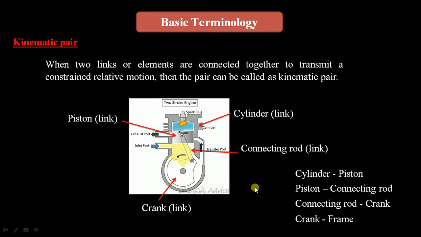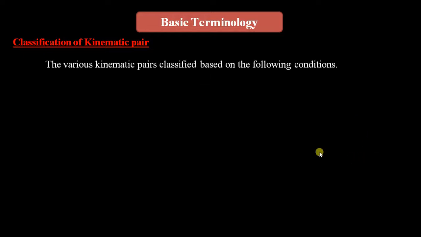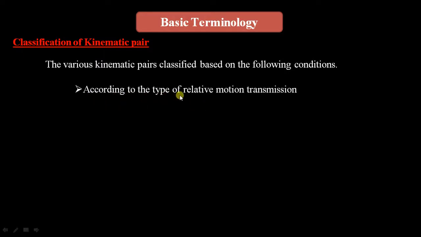Next we try to have a look at the classification of kinematic pairs. So how can we classify different types of kinematic pairs? There are various types of kinematic pairs. They can be classified based on the following conditions. The first condition is according to the type of relative motion transmission.